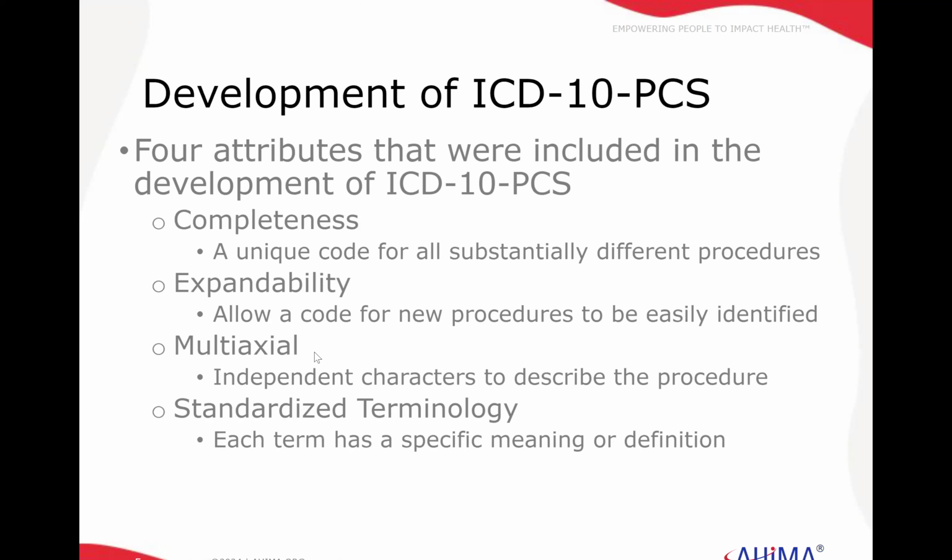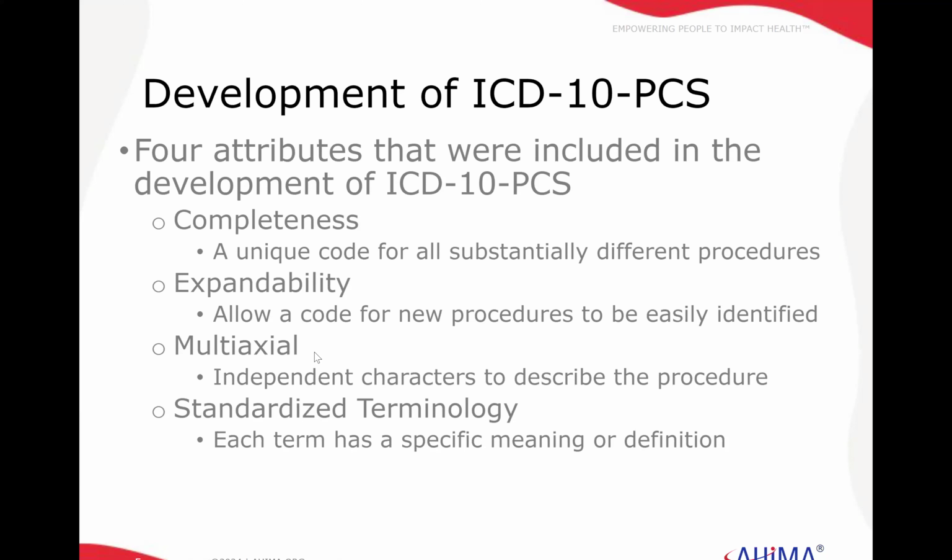There were 4 attributes, in other words 4 themes, that 3M and the other interested parties that worked with 3M wanted to be the outcome of this new hospital procedure coding system. Number 1, it had to be complete, and by that we mean it had to have a unique code for all different procedures.